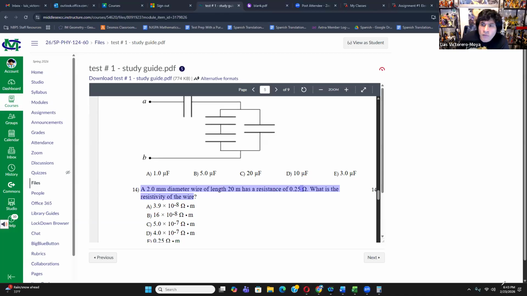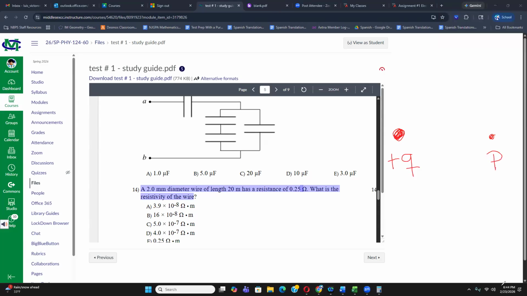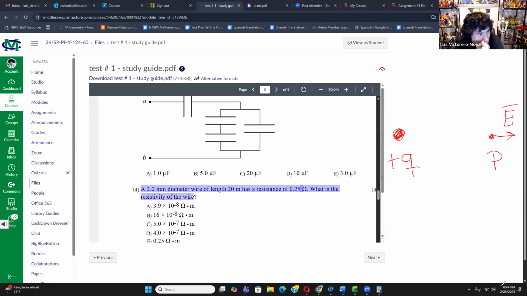So if you have a positive charge, the electric field at a given point, with no charge there, due to Q is directed away from the charge, because it's positive.